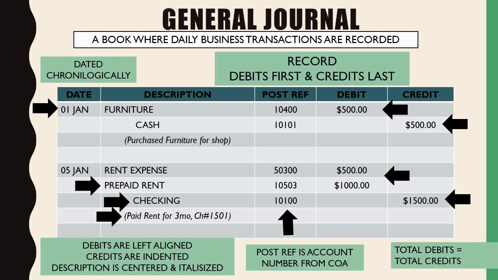So the general rule of thumb is once you complete a transaction, you must check to make sure that your debits equal your credits at all times before you can move on. And that is how you create a journal entry. Any questions?